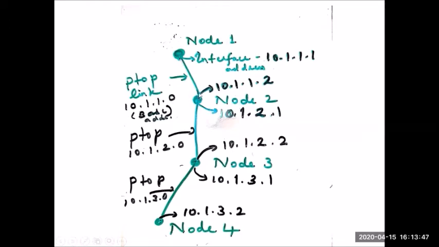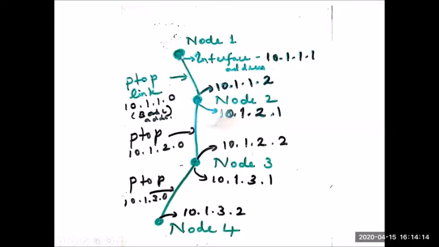Now, the other interface will be present in node 2. The other network interface card is present in node 2, and since it belongs to the same point-to-point channel, it will get allocated the second IP address, which is 10.1.1.2.